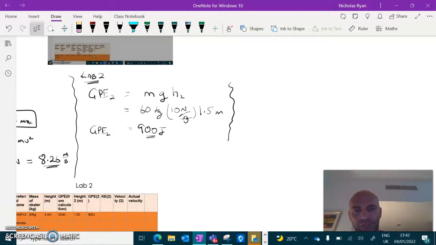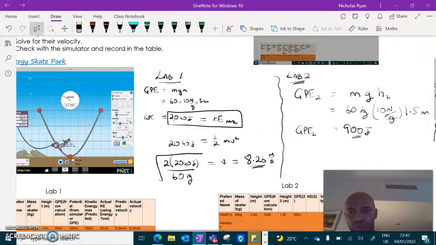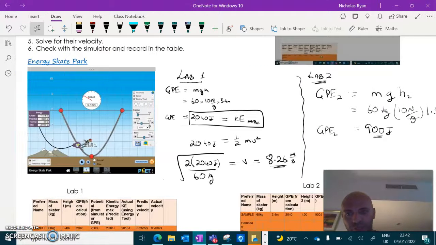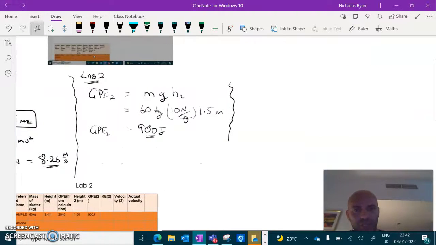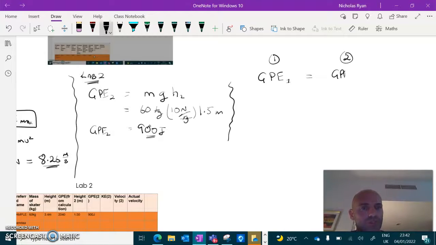So to do that, we know that at position number 1, which was back up here, when she started, she only had gravitational potential energy. But at position number 2, she's got both gravitational potential energy plus kinetic energy, because she's also moving at 2.